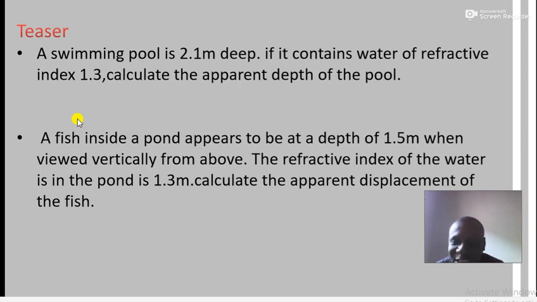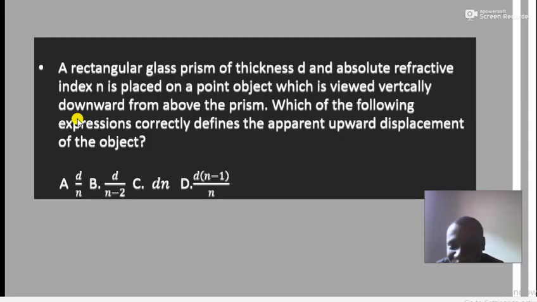So do well to solve these questions so that you get ready for your exam, and then compare with the answers to be rest assured that what you have done is correct. So you also need to look at this one. It's a very good question too. Don't just pick any option there. Make sure you determine it by working things out.